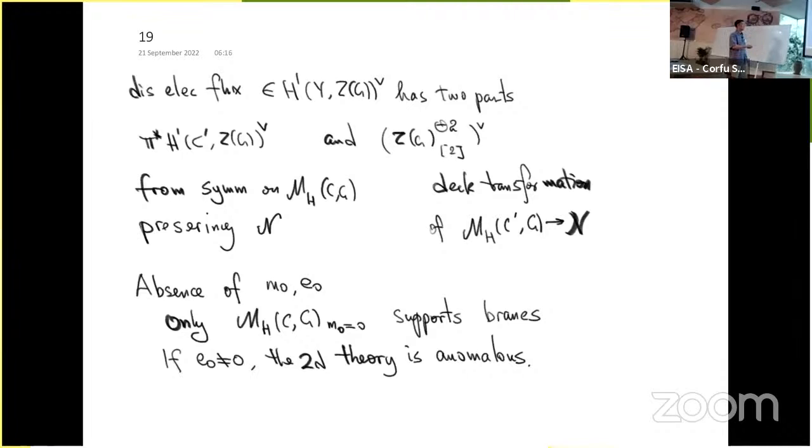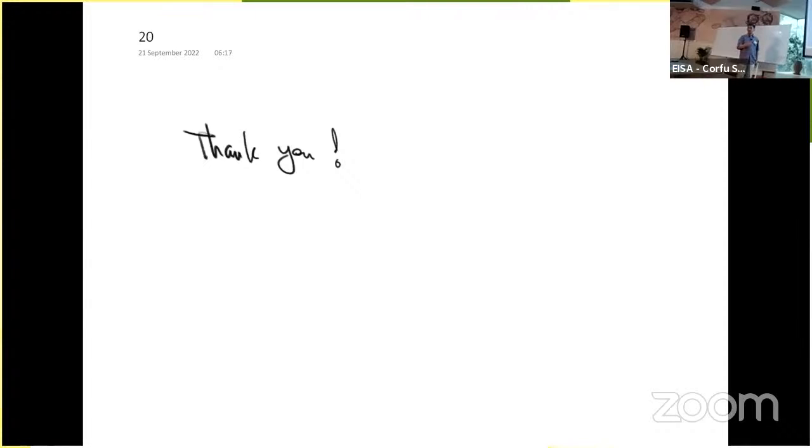So again, it's very natural that M0 doesn't show up in this topological calculation from 4 dimensions. And the other thing is that E0 also doesn't show up anywhere here. It also has a reason in 2 dimensions, because when E0 is non-zero, the 2-dimensional theory is anomalous. So anomalies throw out the possibility of non-zero E0. Okay, so I'd like to thank you for your attention.